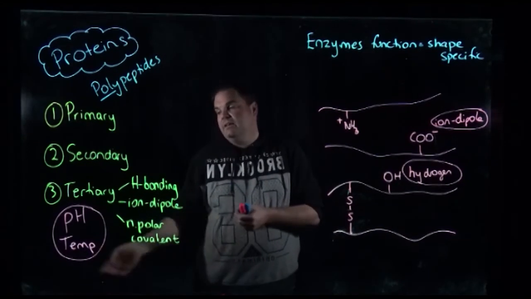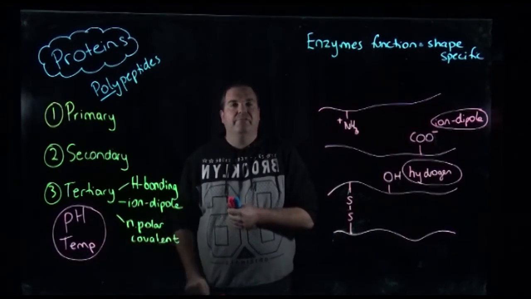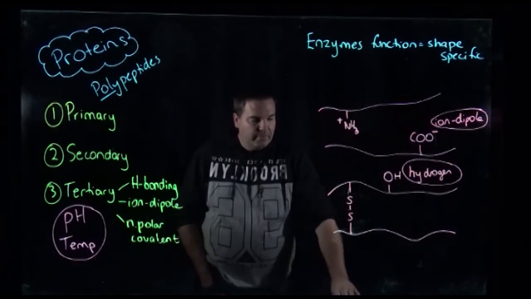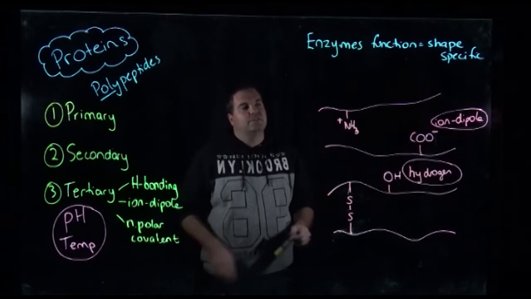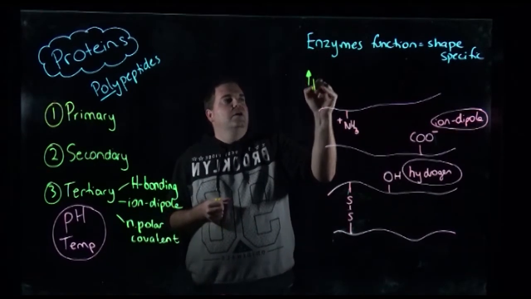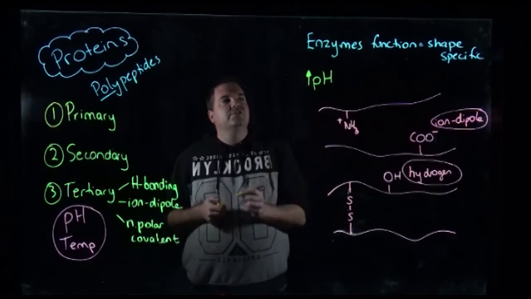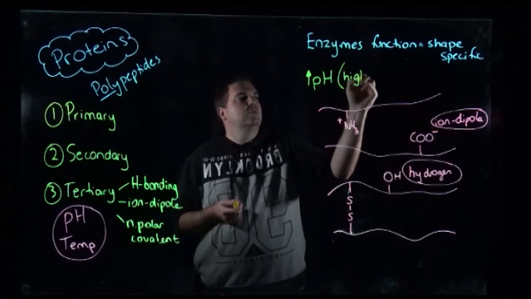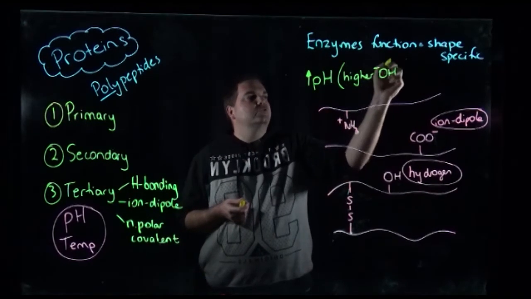Now what we want to look at is what effect pH and temperature have upon these. I'm going to start with pH, and in particular the effect of an increased pH. An increased pH means a higher hydroxide concentration.